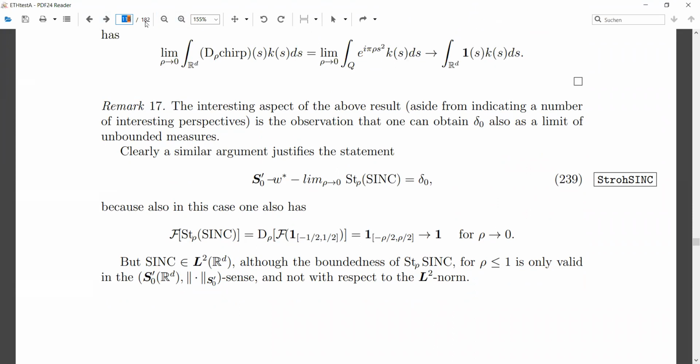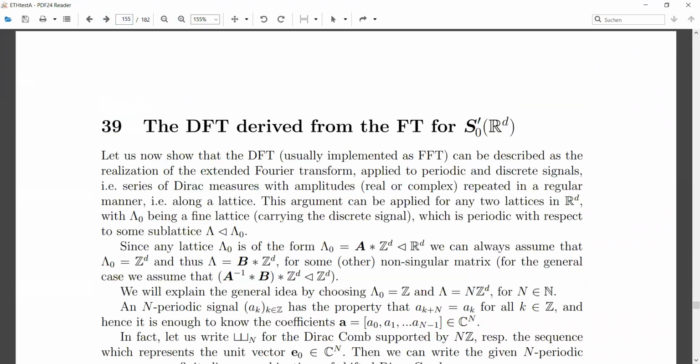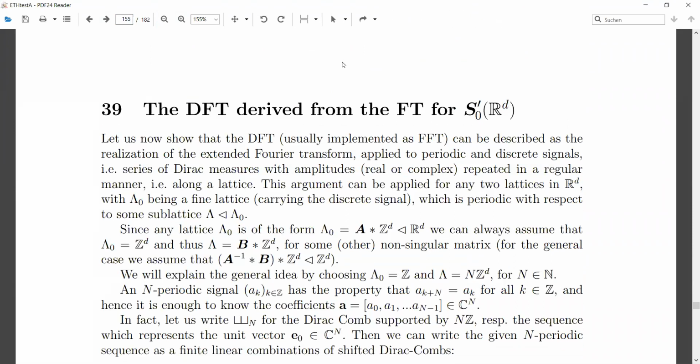Now, before we go on and compare the different settings, let me describe the situation for how the discrete Fourier transform can be derived, or is in a way a special case of S0 prime.